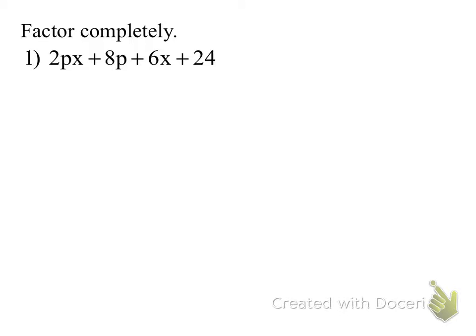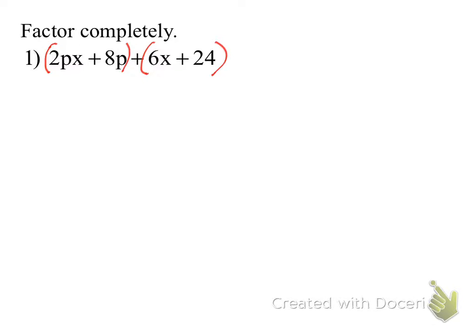Factor completely. What are we doing? What am I doing? Step 1, let's go with, how about Chris? Group what? We're grouping 2px plus 8p, and the quantity of x, 6x plus 24.